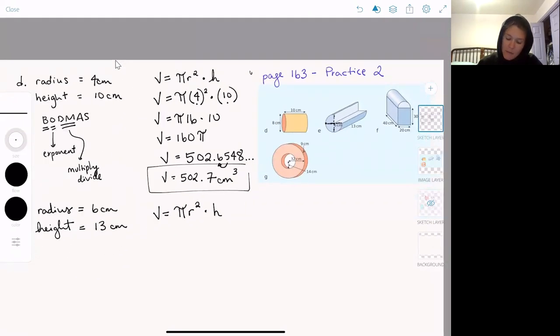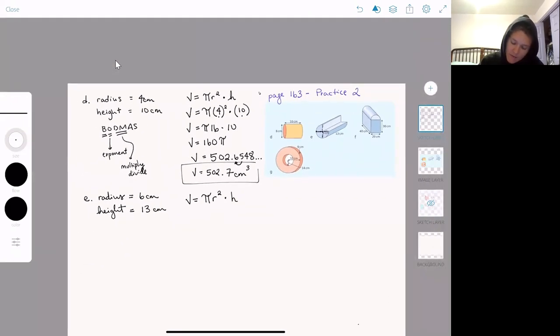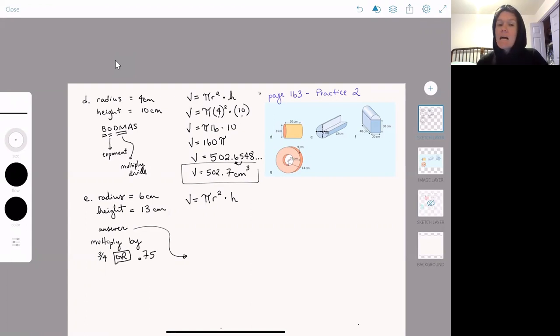So what that tells me is that at the end of this, when I get an answer, I want to take that and multiply my answer by either 3/4 if you're comfortable working with fractions, or 0.75, because these are approximations of one another.